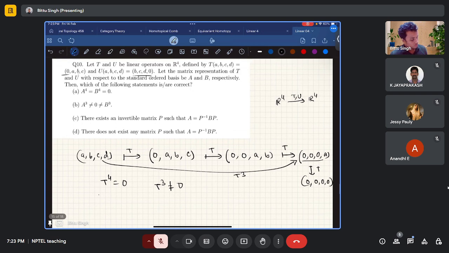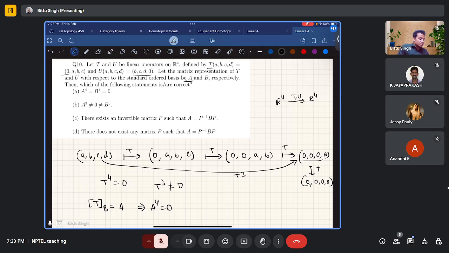Therefore, since A is the matrix representation corresponding to this transformation T with respect to the standard basis B, it is clear that A to the power 4 equals 0, because the matrix representation also satisfies the same relation.